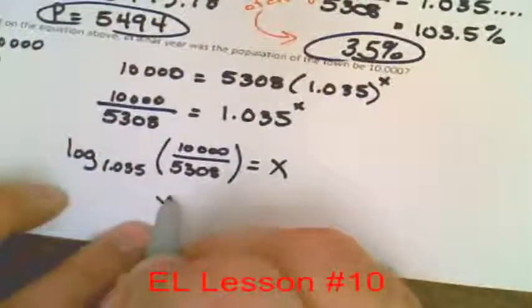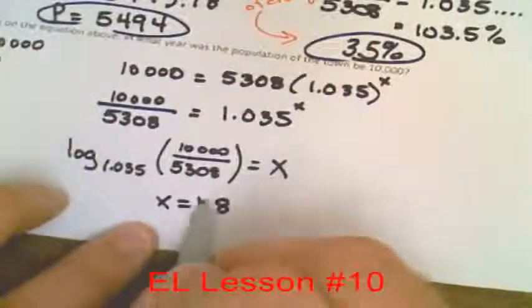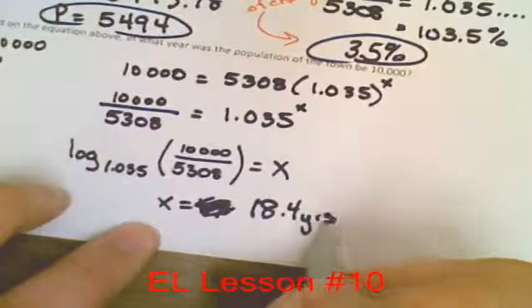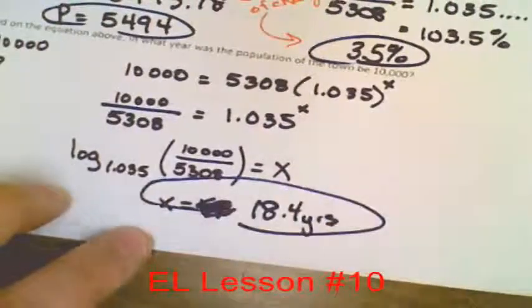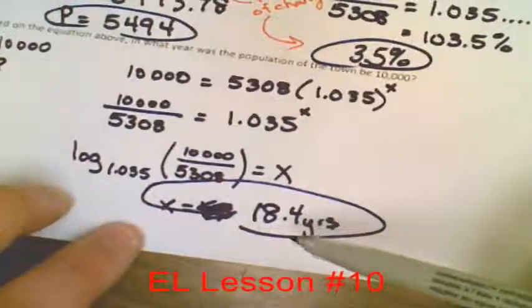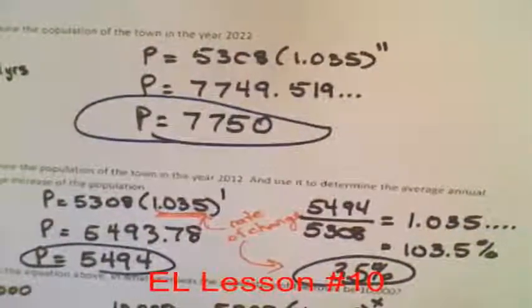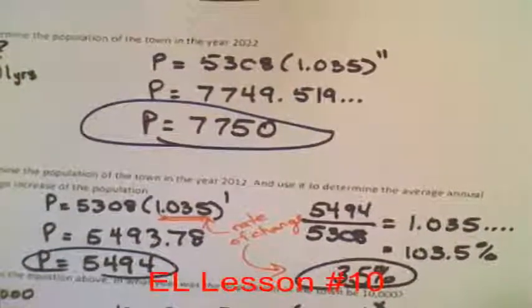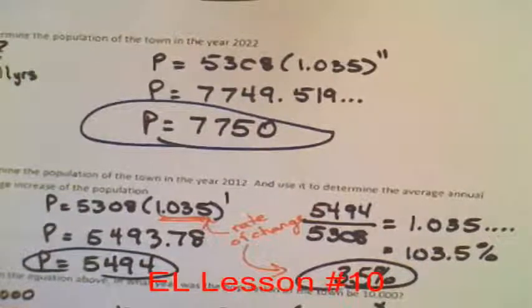I'm going to press alpha, get the log base, and type log base 1.035, and in here I'm going to put 10,000 divided by 5,308 and hit enter, and it's going to take 18.4 years. So x is 18.4 years. Whoops, not 1.8. 18.4 years.